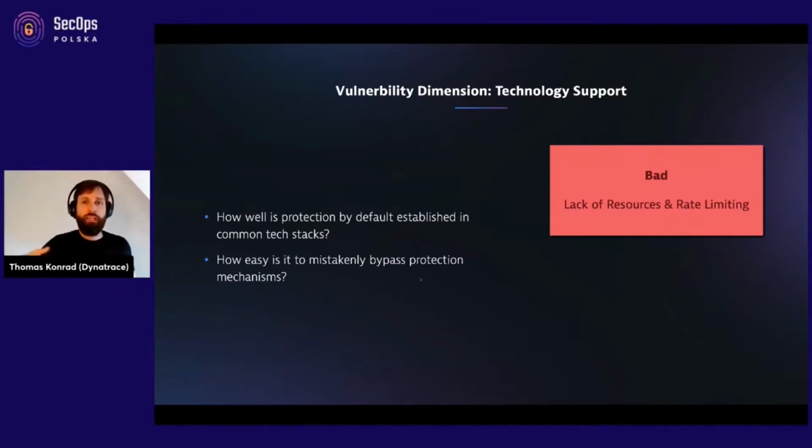They shouldn't be able to do that in an unlimited way and be able to browse through millions of passwords for specific users in order to guess their passwords. Right? So there should be a rate limiting on this. Technology support for this is really bad. I don't know of any web framework out there that has automatic throttling built in. So there might be external libraries. There might even be a framework, I don't know. But the common ones, as far as I know, don't have that.